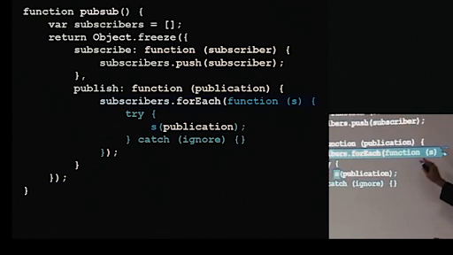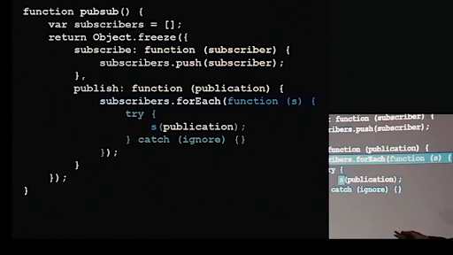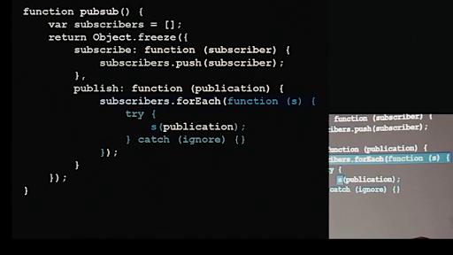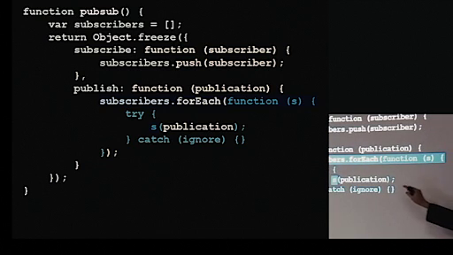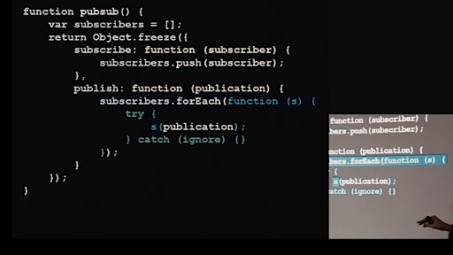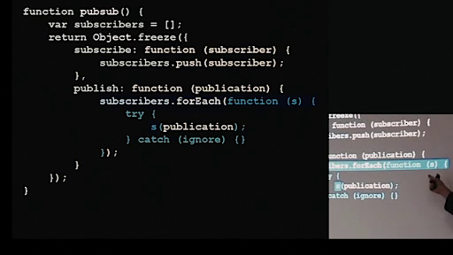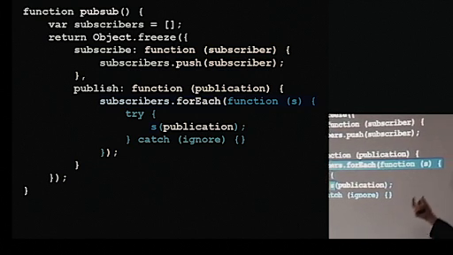So I can pass to forEach a function which will call each element and ignore any exceptions. And I really like this. I think this is very, very nice. So I'm not using for loops anymore. I'm doing this stuff instead. And because it's passing in each individual element, there's no confusion about how this gets called.